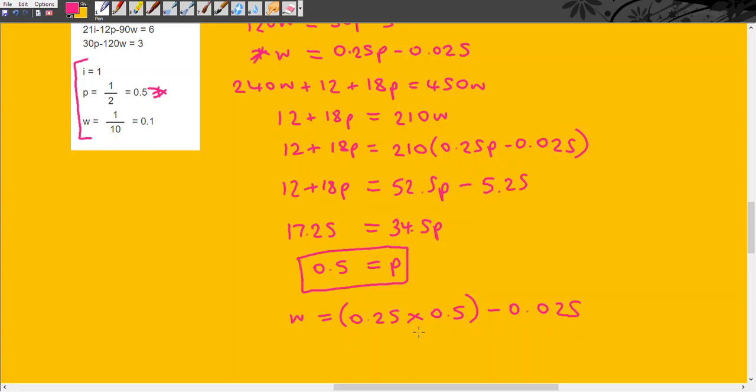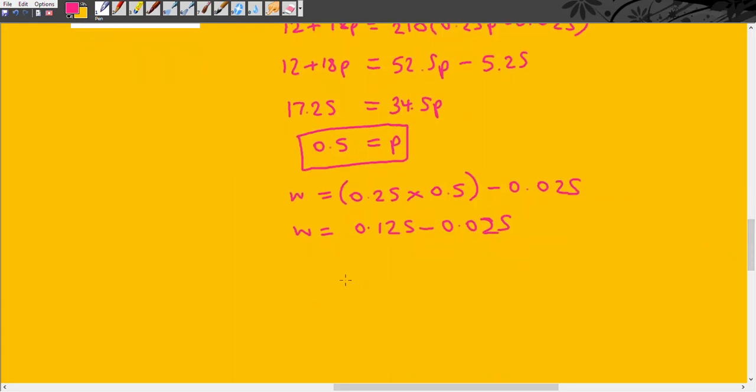So 0.25 times 0.5, that's 0.125. And then finally we get our wheat total, which is 0.1.